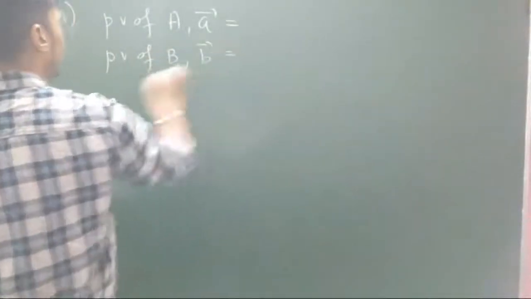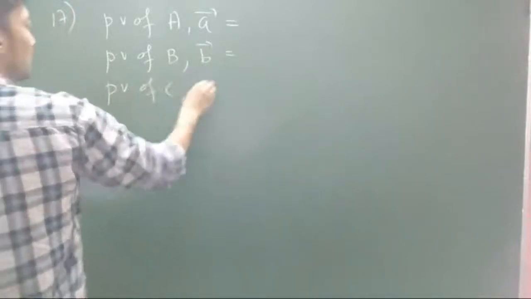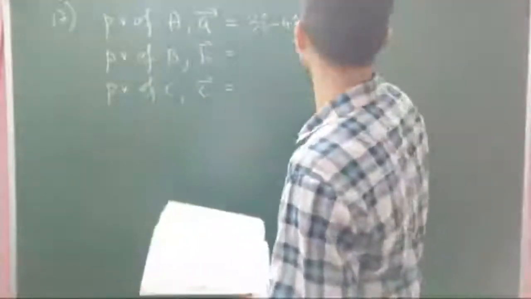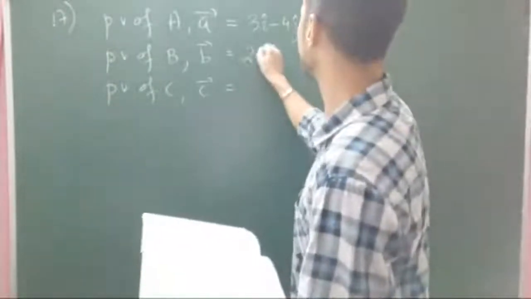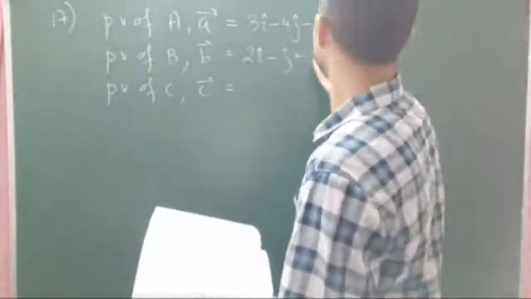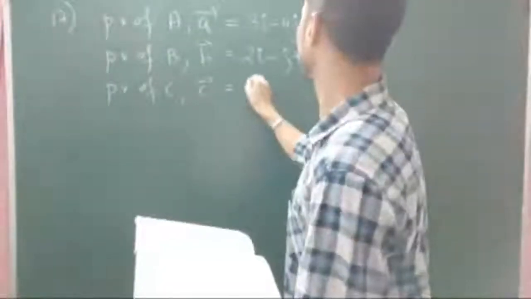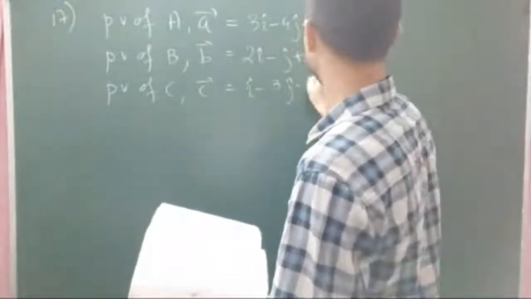Show that the points A, B, and C with position vectors: position vector of A, that's given by vector A, position vector of B given by vector B, position vector of C given by vector C. You can always note down what is given to us first. After that we will take care of what we need from the question. Different ways of solving. I minus 3j minus 5k.